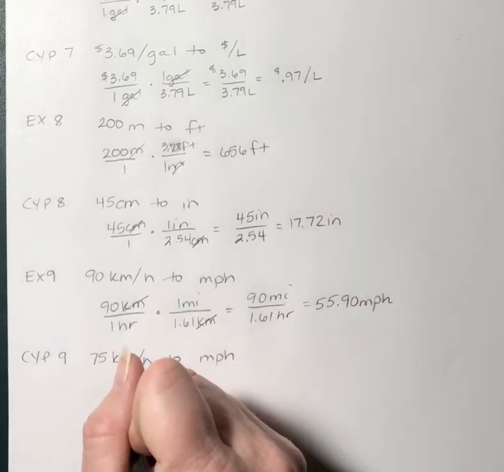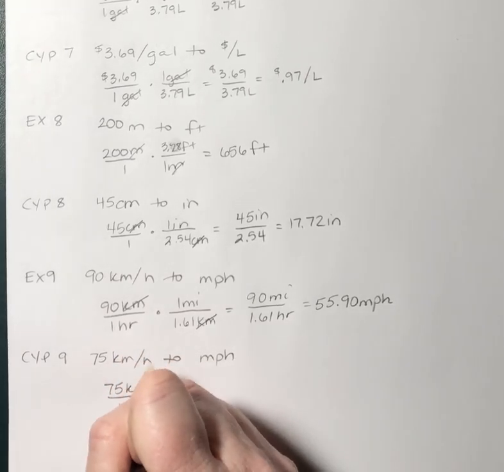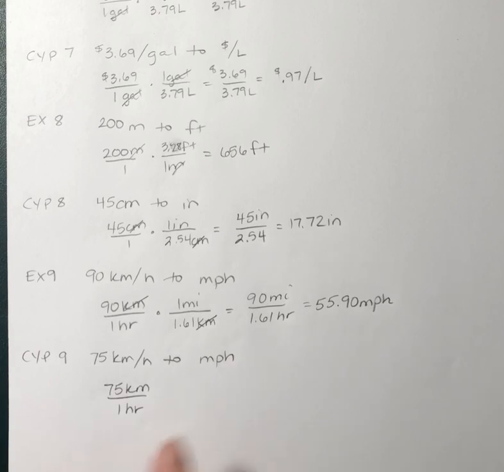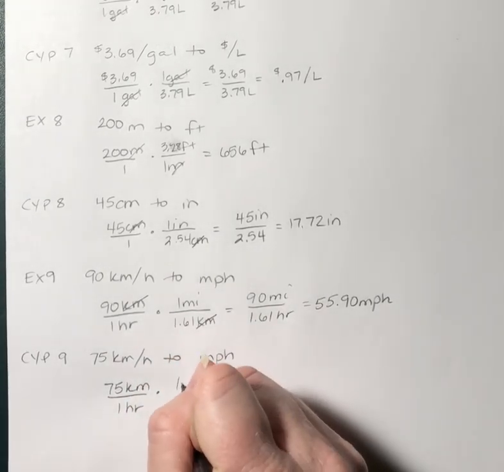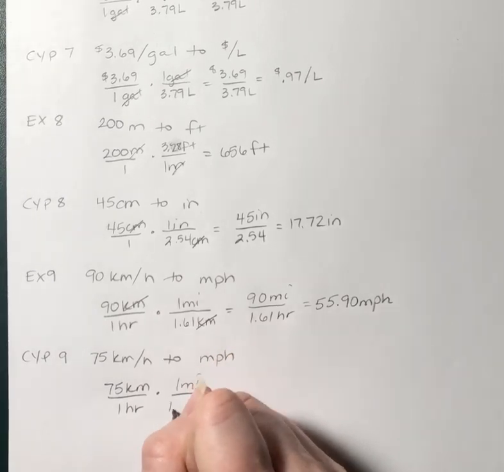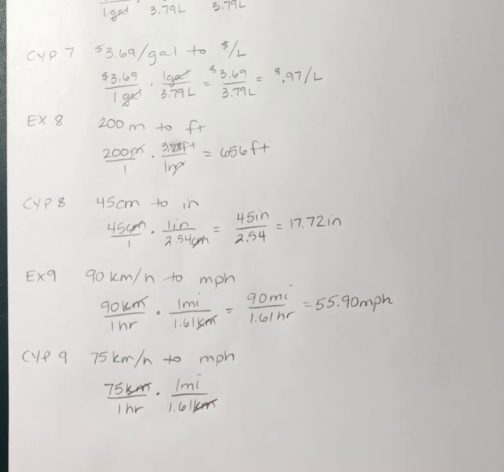All right, last one. 75 kilometers in 1 hour. We want to convert it to miles per hour, so it's going to be just like the last one. 1 mile is equivalent to 1.61 kilometers. My kilometers cancel.